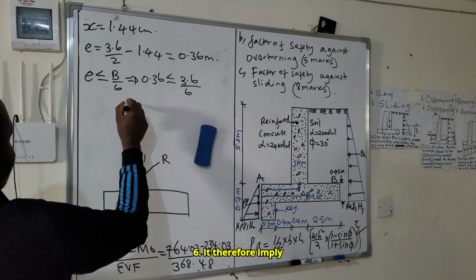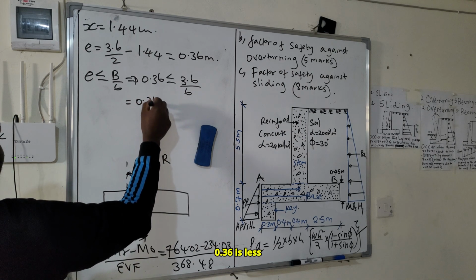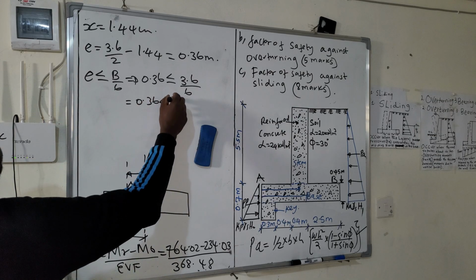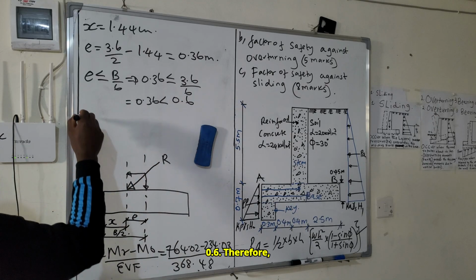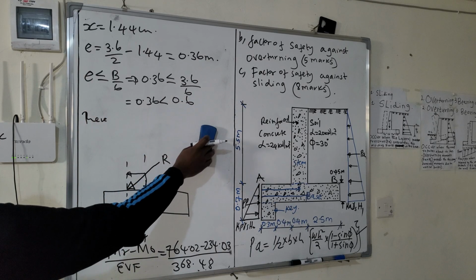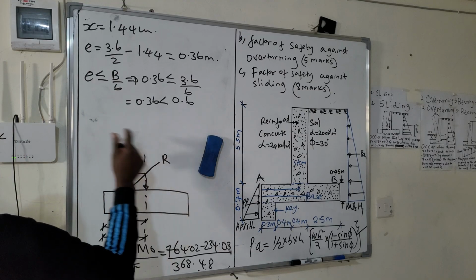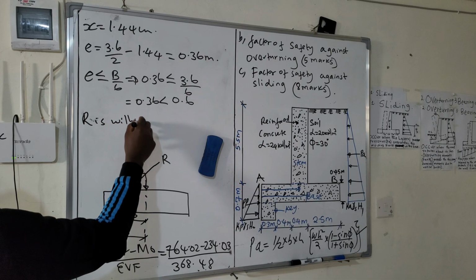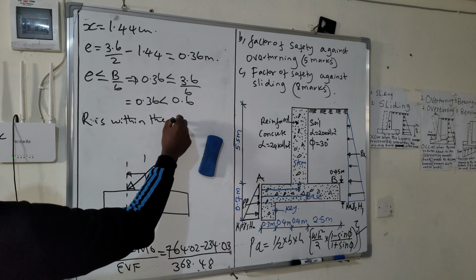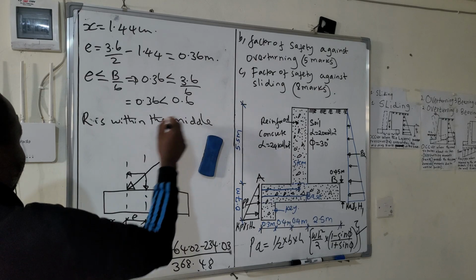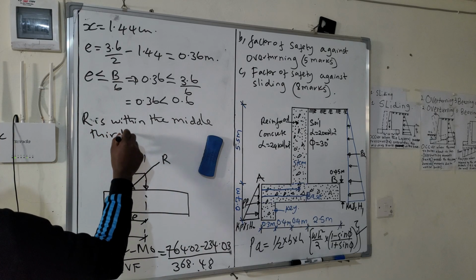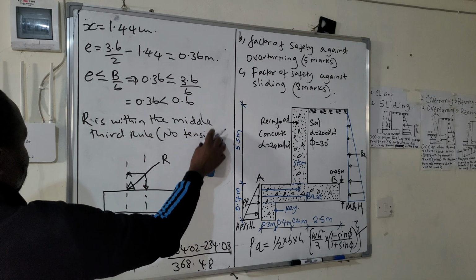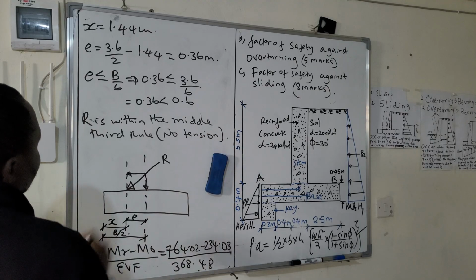It therefore implies 0.36 is less than 0.6. Therefore, E is within the middle third rule. So no tension.